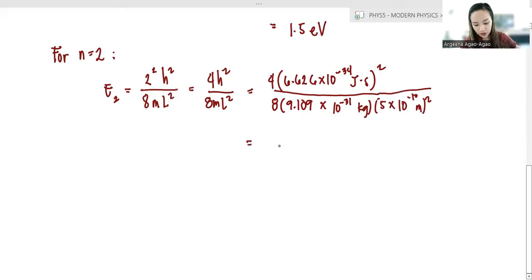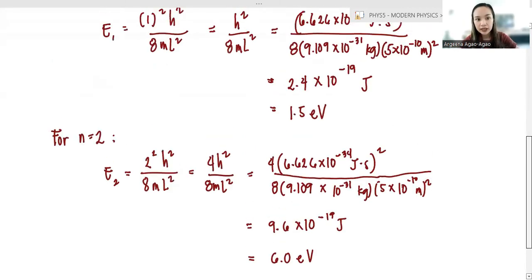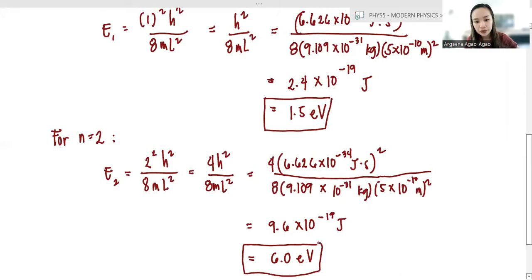So this will give us 9.6 times 10 raised to negative 19 joules, or in terms of electron volts, this is equivalent to 6.0 eV. Now we have obtained both our energy for n equal to 1 and n equal to 2.